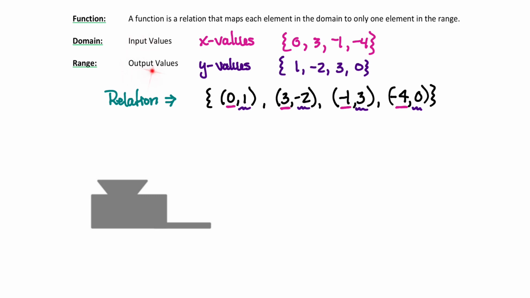Okay, so domain is input, range is output, domain is x values, range is y values. You have to keep those straight, okay? The easiest way to remember that is that every pair of those things are alphabetical, okay? Domain and range, D comes first.